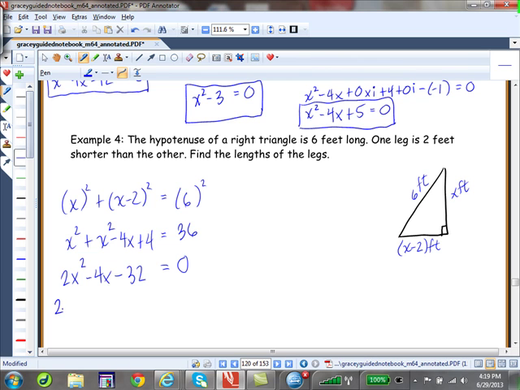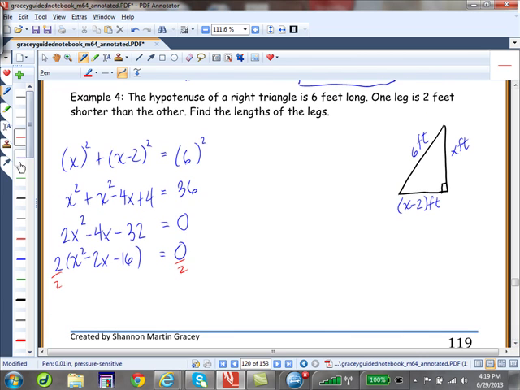Now notice that we can factor out a 2. And if you divide out that 2 from both sides, you'll get x squared minus 2x minus 16 is 0. So in this case, you can try to figure out if it factors, or you can just say, hey, I'm going to use the quadratic formula.